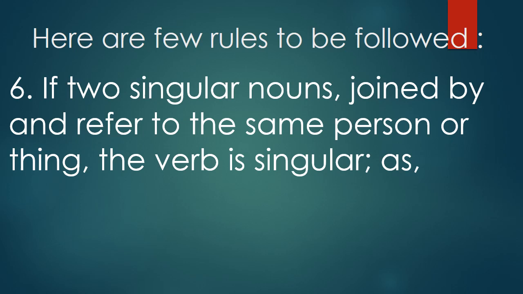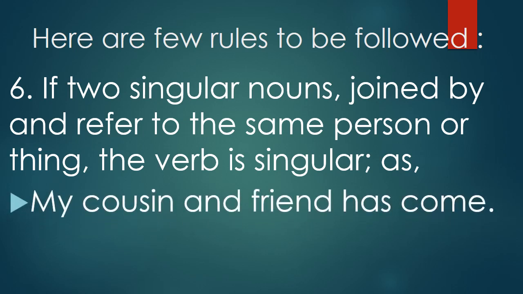If the two articles are used for two nouns, it means that is plural. For example, my cousin and friend has come. Here we have used only one pronoun, that is my. My cousin and friend. It means my cousin who is also my friend. It means the person is one. My cousin who is also my friend has come. So that is one person.